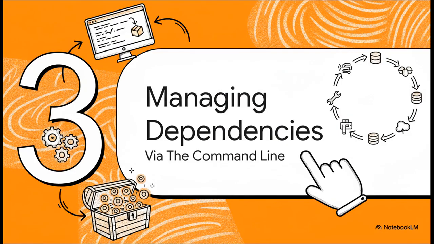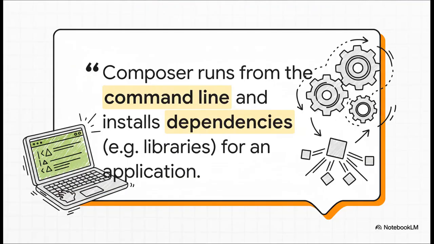So how did it actually solve the problem? What does this thing do? Well, let's take a look at the workflow Composer brought to the table, which is totally different and a million times better. The first really big change is that Composer is a command line tool. So instead of all that clicking and dragging of files, developers just type a simple command.